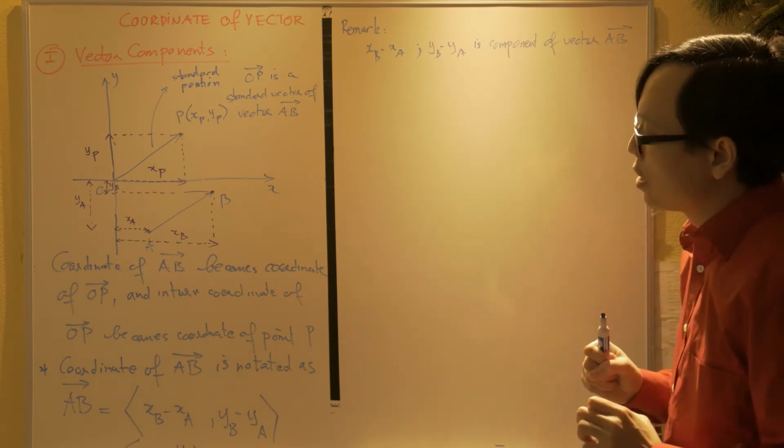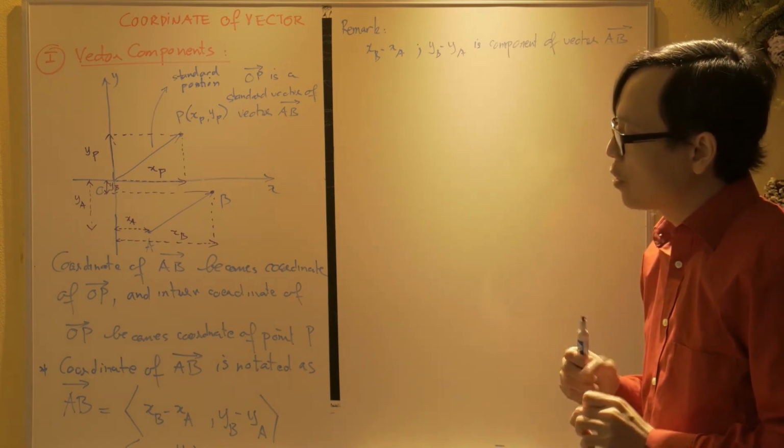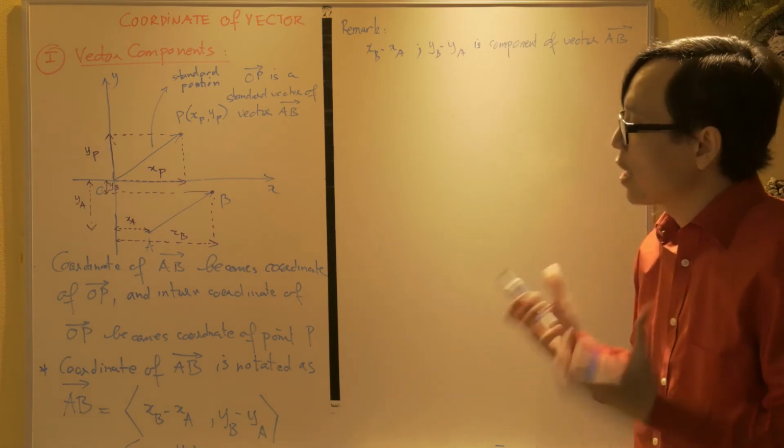Given the coordinates of 2 points, you can find the coordinate of a vector easily.